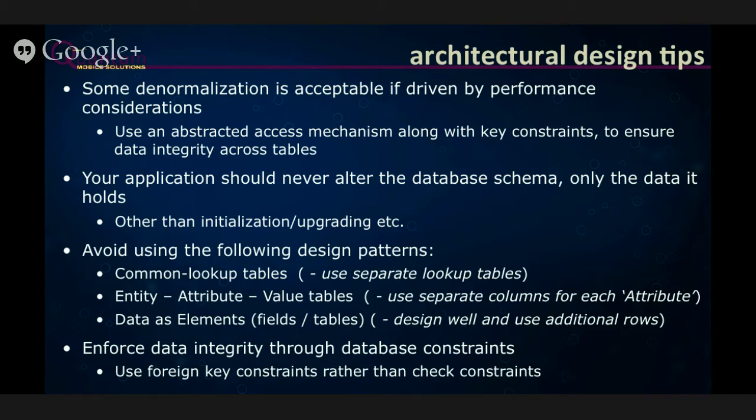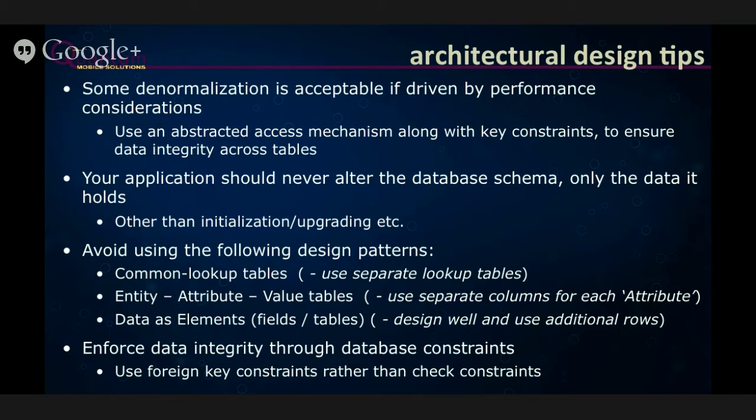Well, in a database, that really doesn't gain you very much, and it just complicates things and will actually slow things down. You can also get a thing called the entity attribute value table, where you have separate columns for each attribute. So you'll have too much information in a single row, instead of having multiple rows where some of the information is the same and some of it's different.